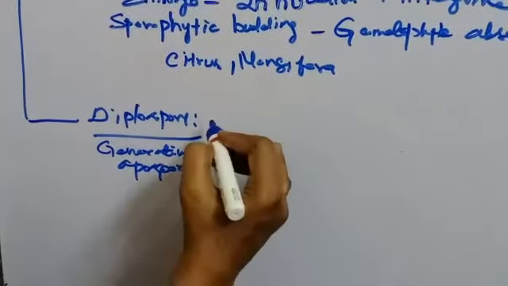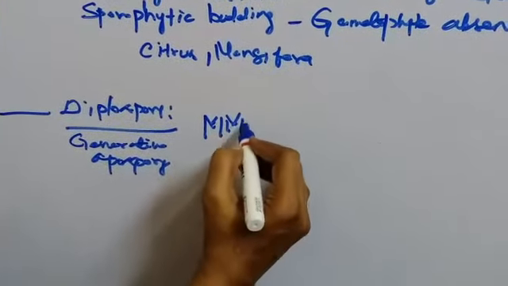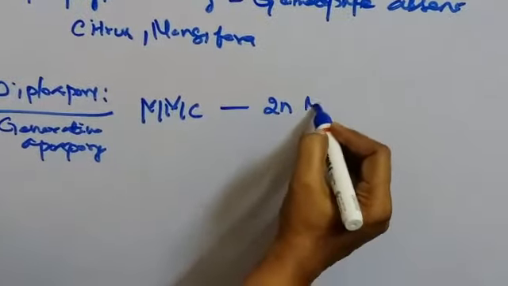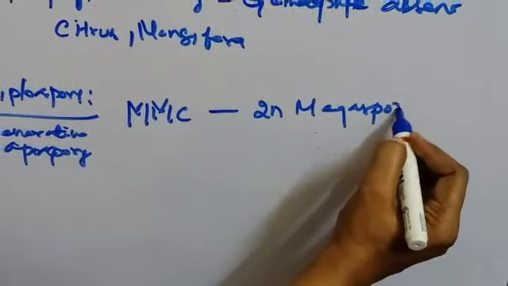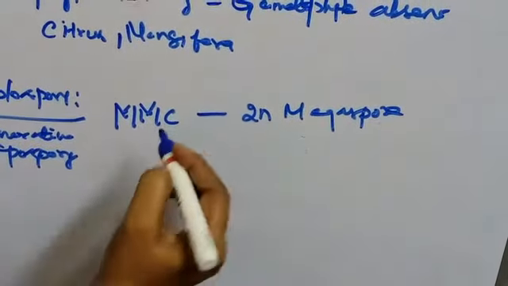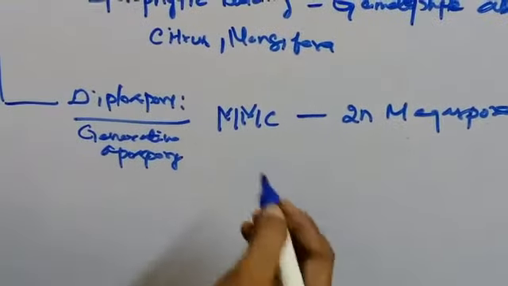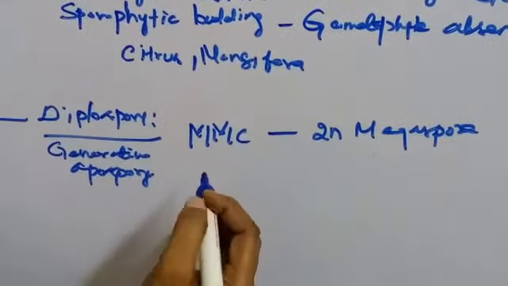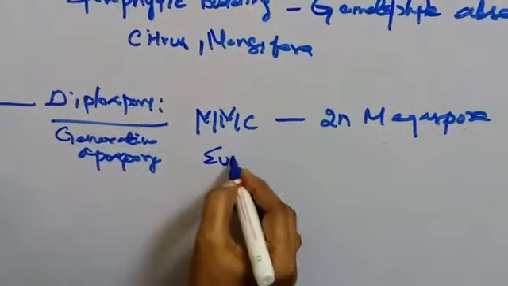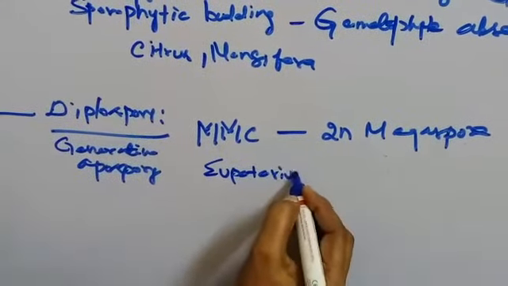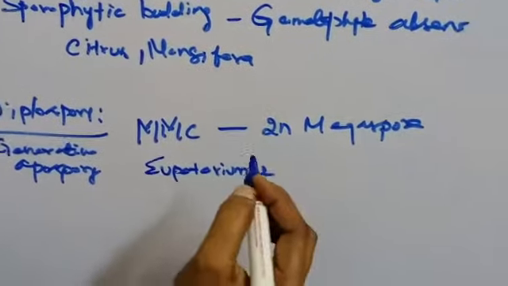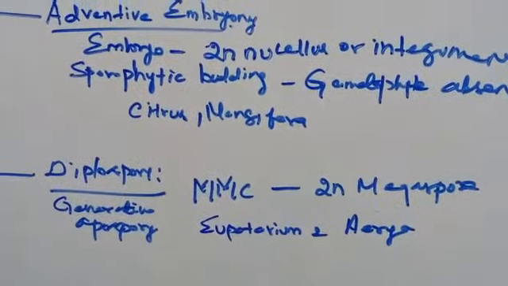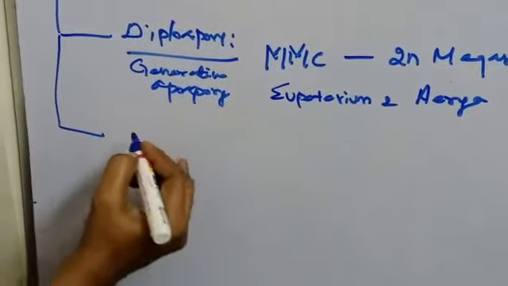Here the megaspore mother cell develops a diploid megaspore without regular meiotic division. This is called diplospory. Examples for this are Eupatorium and Area.